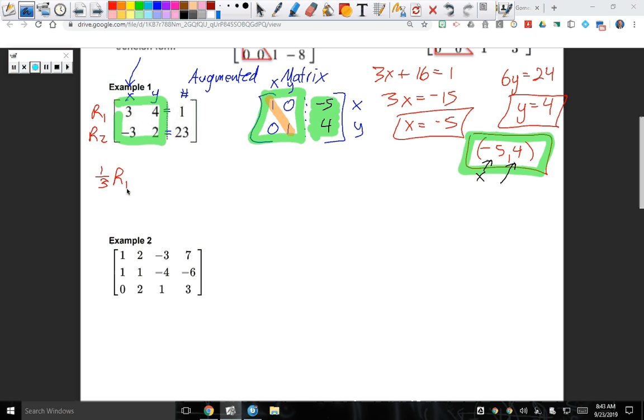What changes? Row 1 changes. So row 1 is now going to become what? It'll be 1, 4/3, and 1. Or sorry, 1/3. Everything else stayed the same. Okay? So this is still here like that.